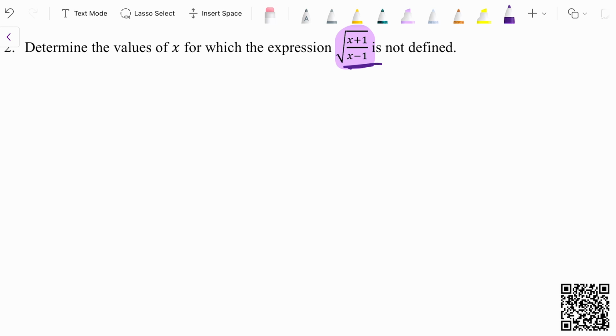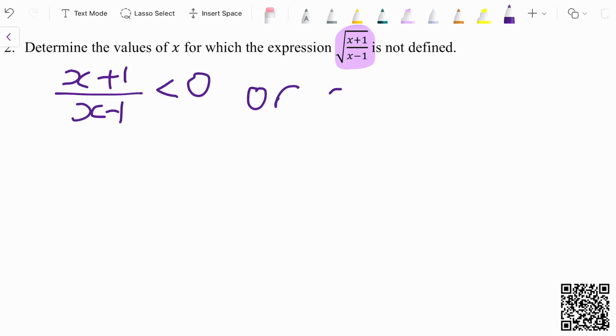Because if you've never learned this in school, the denominators are never allowed to be 0. So taking that into careful consideration, we can write an equation pretty much similar to this. So x minus 1 less than 0, or x minus 1 is equivalent to 0.